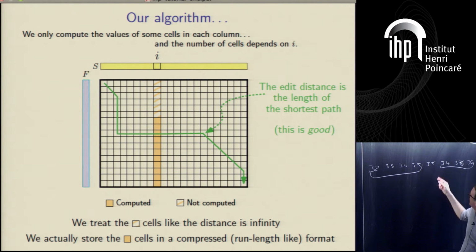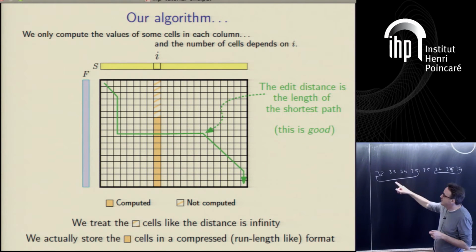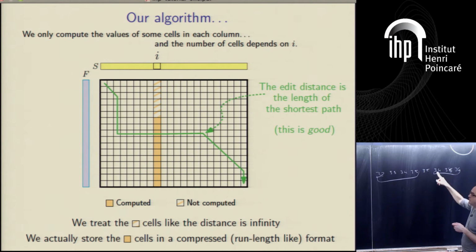And if it stays the same or goes down, it makes a new block. So this is increasing, 32 to 35, so we can just say it starts at 32, ends at 35. That stays the same, so we've got to start a new block, just with 35 in it. That goes down, so start a new block. This goes from 34 to 36, so we just say it starts at 34, ends at 36.